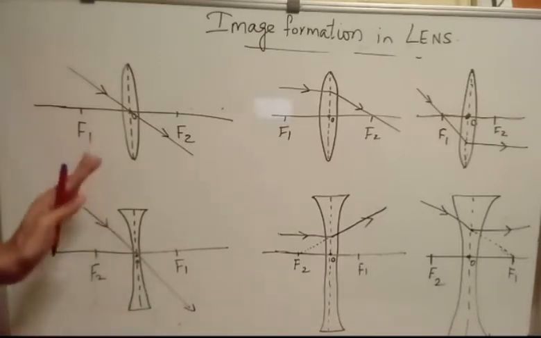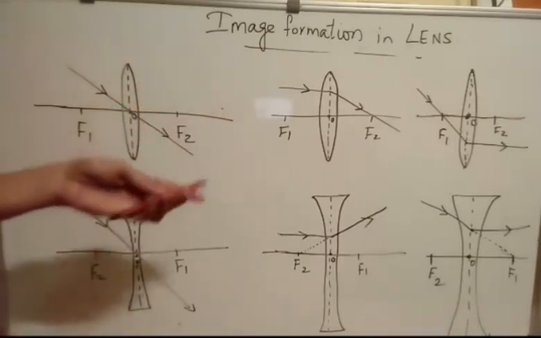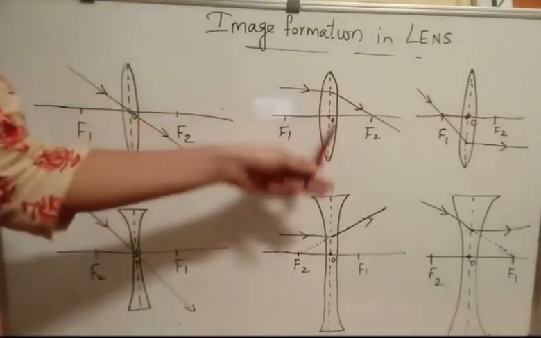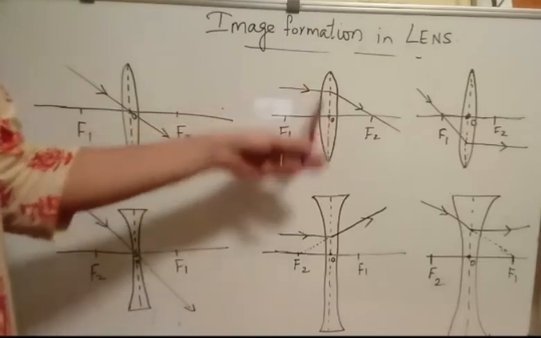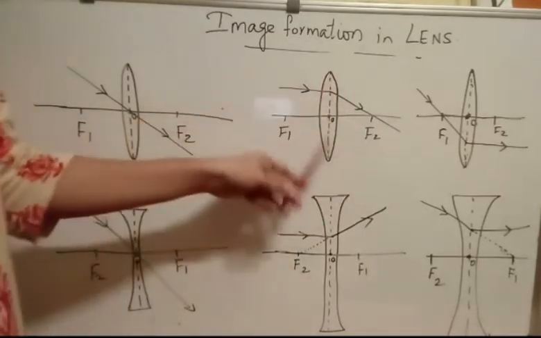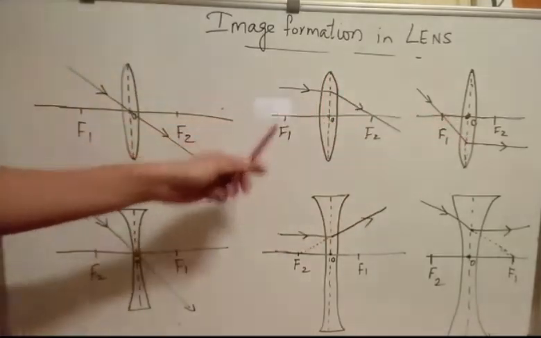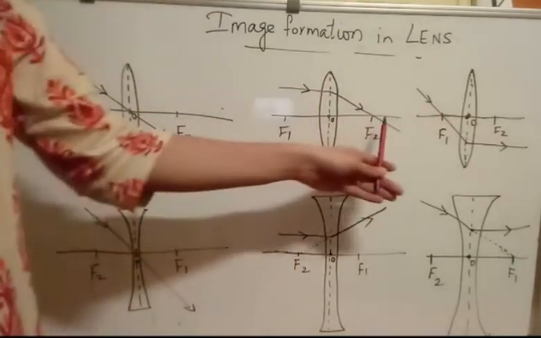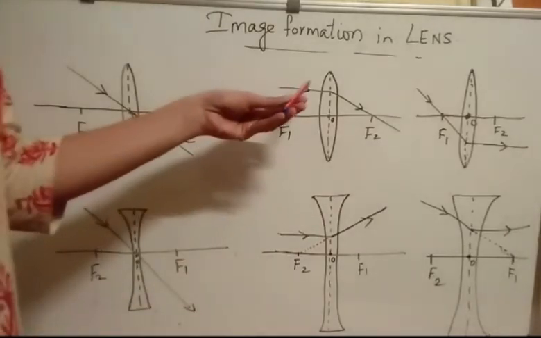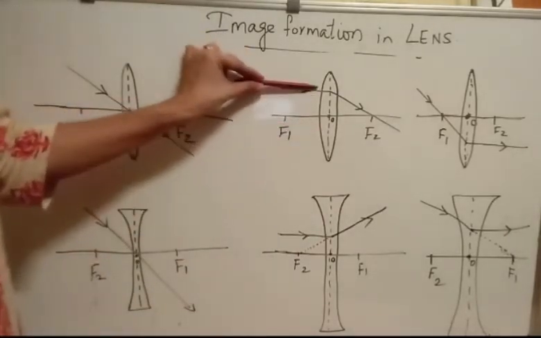Now the second ray which we can consider for the image formation is the ray parallel to the principal axis. Again you have to draw the reference line and mark the midpoint as O. If you want, you can draw the convex lens completely. Draw the principal axis, mark f1 and f2 at equal distance on left and right. Now the second ray is parallel to the principal axis.